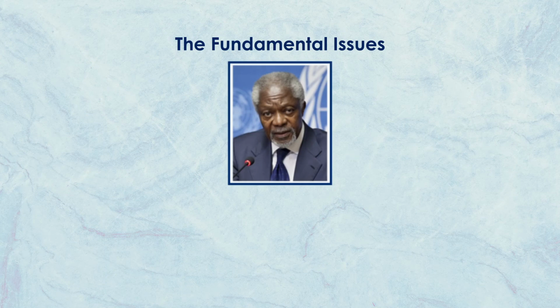Then, what is the fundamental issue? We have an understanding that we need to maintain a harmonious relation between nature and society. Simultaneously, we need development because we need social security.